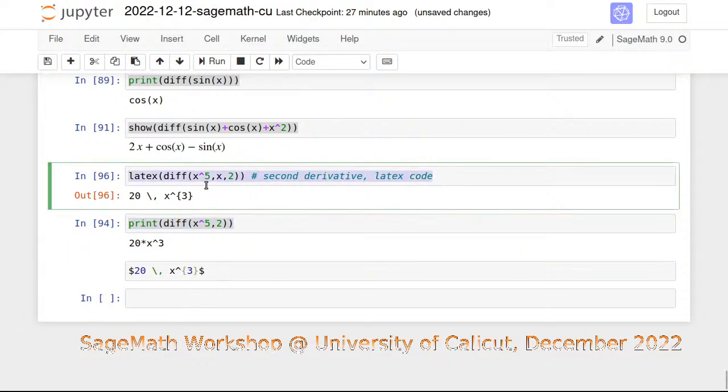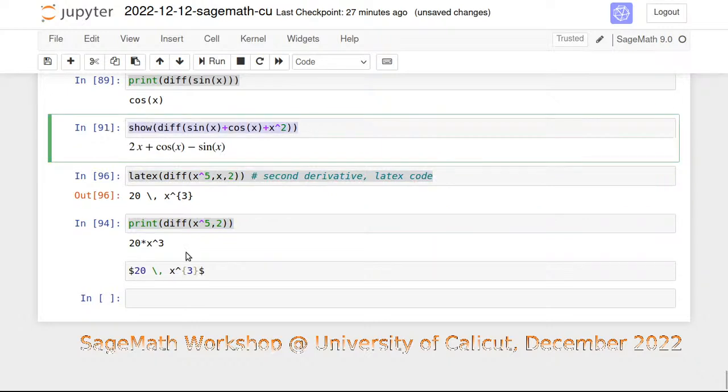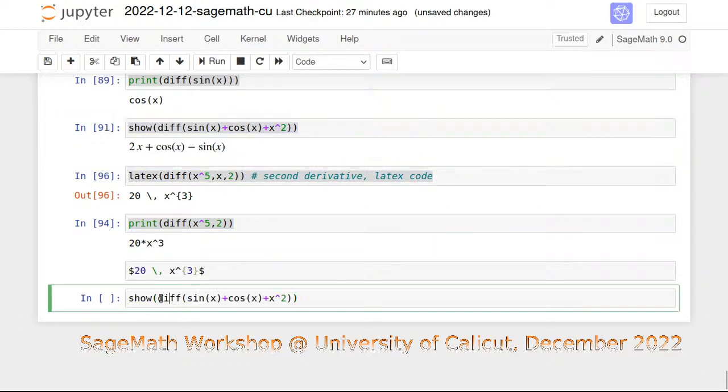Now, if we have multiple variables, then you need to be really careful. I'm using only print or otherwise show itself. Differentiate sin x square y.